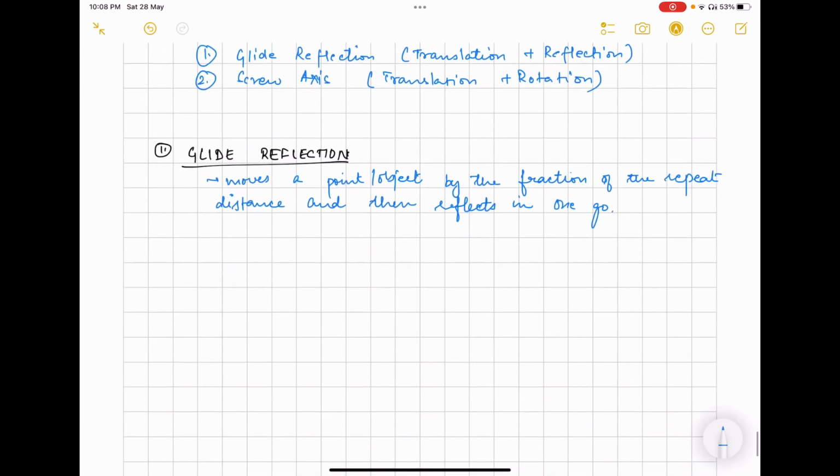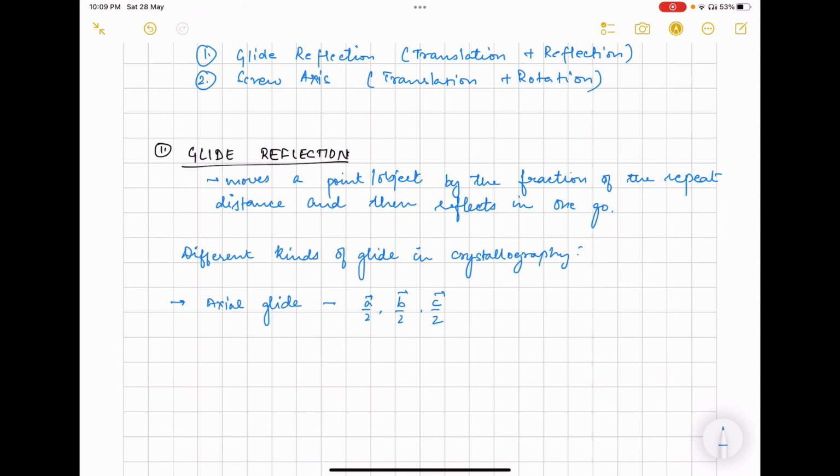So there are different kinds of glides in crystallography. So they are axial glide, that is along the axis. They are A vector by 2, B vector by 2, C vector by 2.